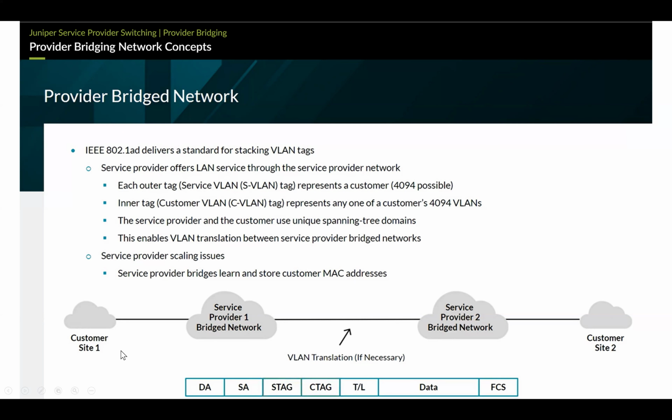Now customer needs, this is site one, and this is the other site. Okay, customer needs to communicate from site one to site two. Consider here, customer wants like this. They want a single VLAN from service provider like 110.